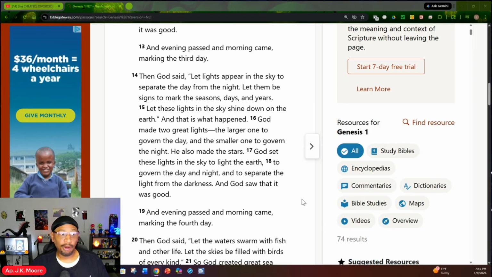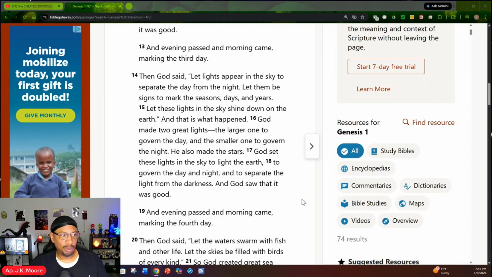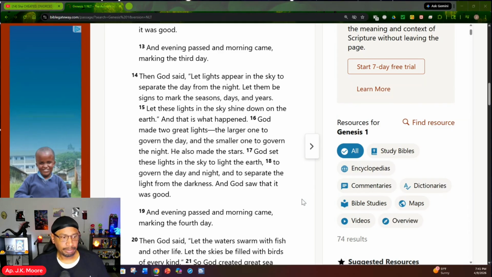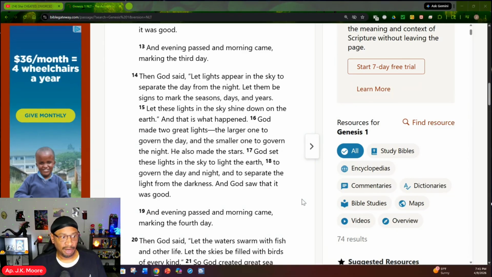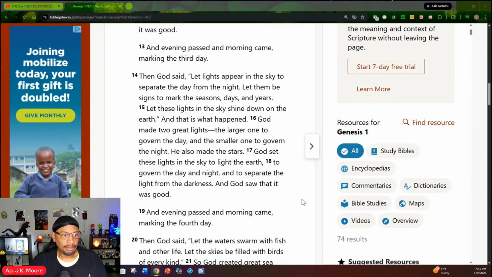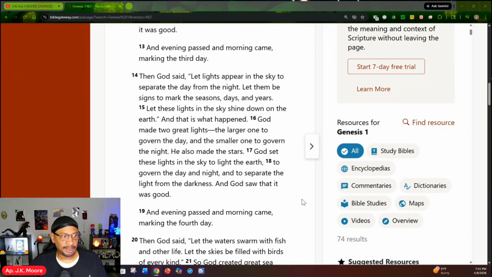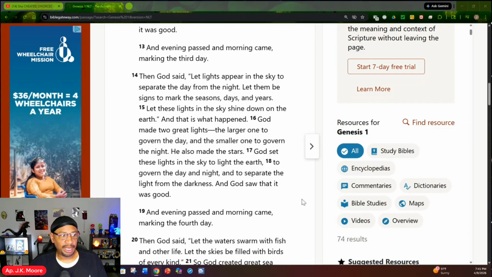God made two great lights, the larger one to govern the day and the smaller one to govern the night. He also made stars. God set these lights in the sky to light the earth, to govern the day and night, and to separate the light from the darkness. And God saw that it was good.